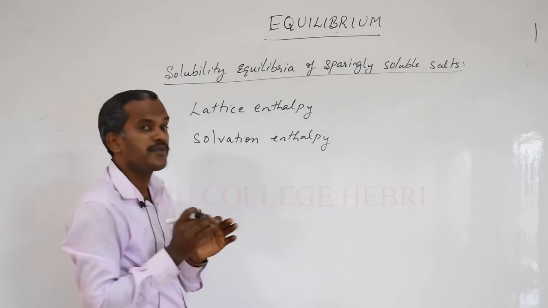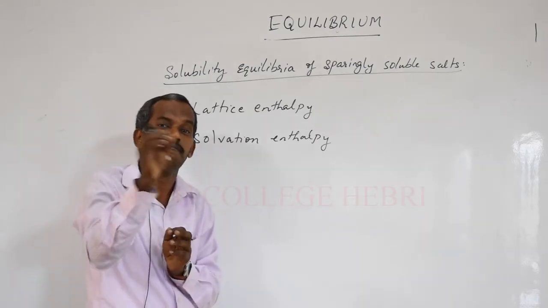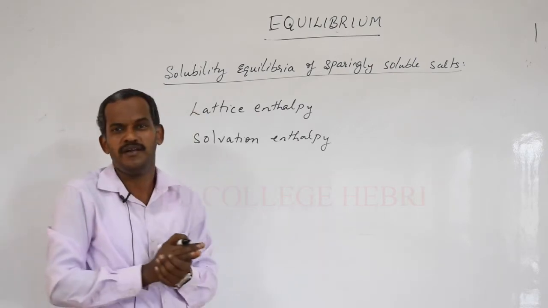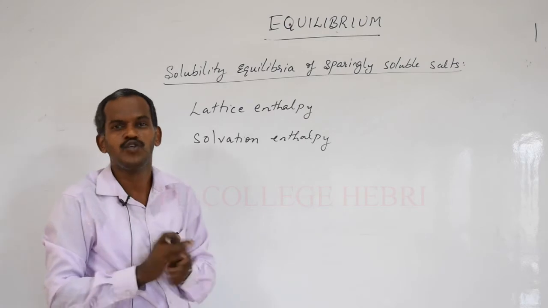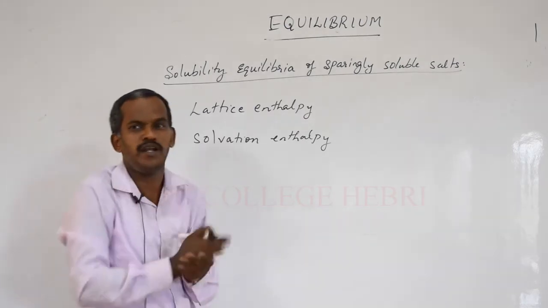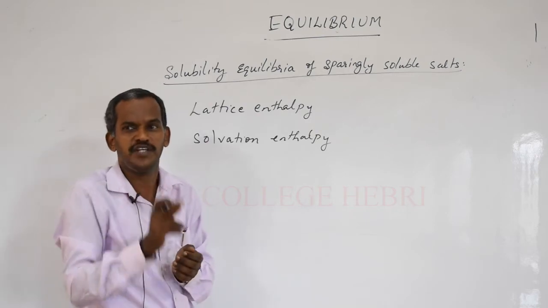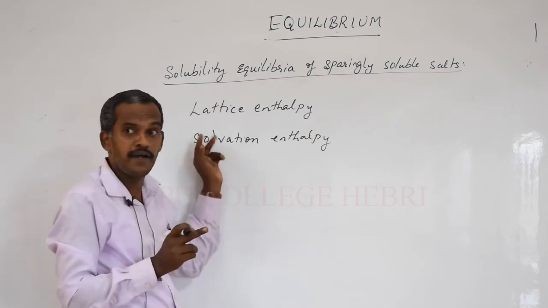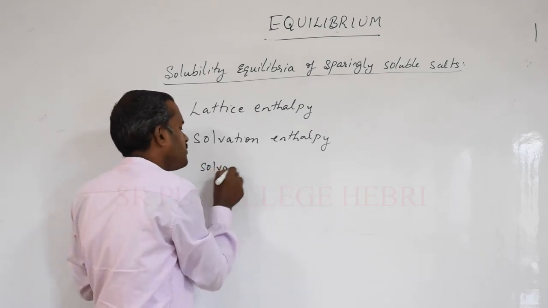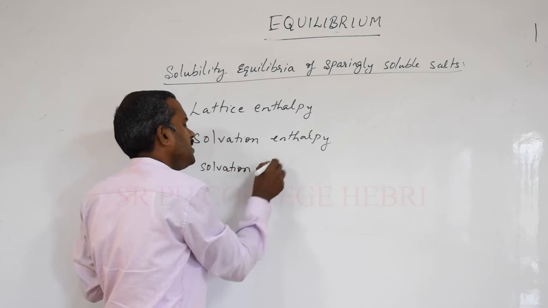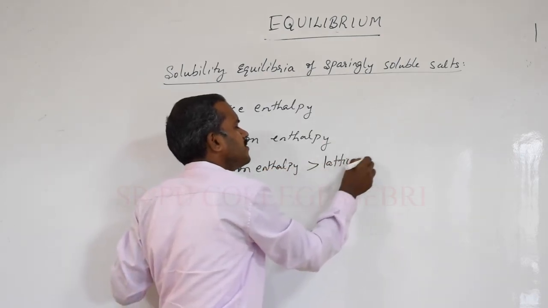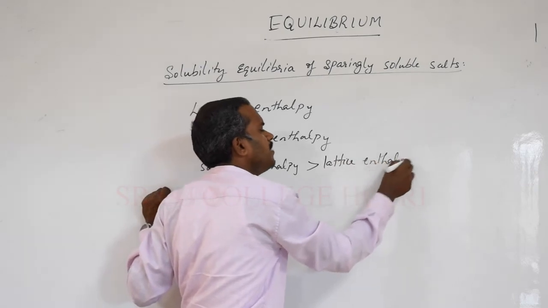Now some of the solutes are completely soluble, some of the salts are partially soluble, some are completely insoluble. So how can we predict whether the given substance is soluble or insoluble? It is very easy. Remember, among these two enthalpy values, whenever solvation enthalpy is more than lattice enthalpy, then the salt is soluble.